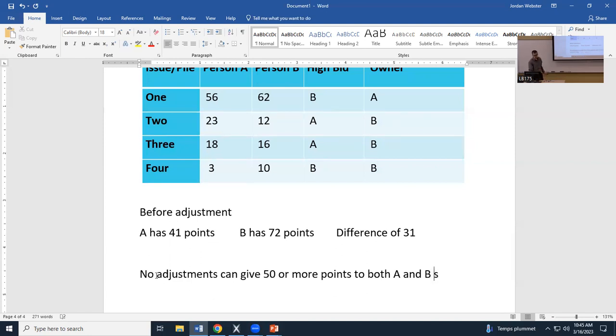There's no way to do an adjustment and for A and B to walk out with what they think is a fair share.